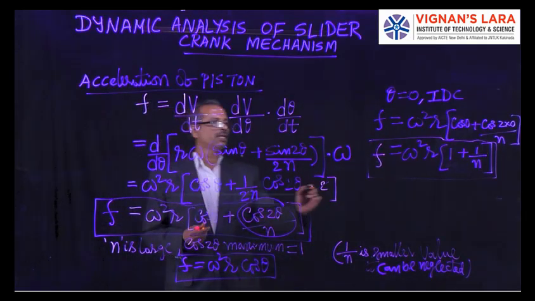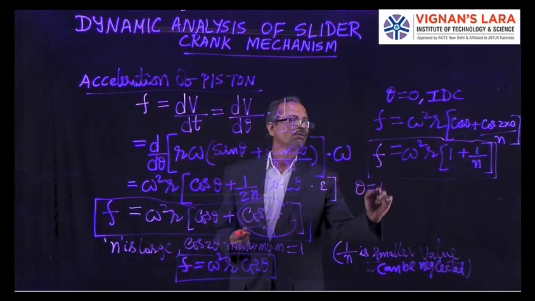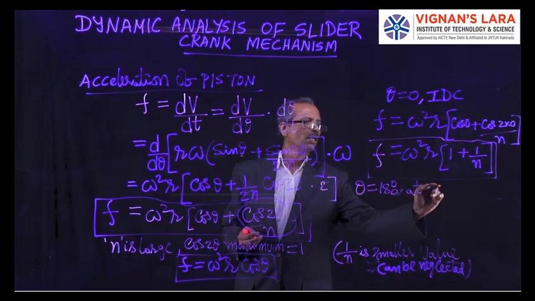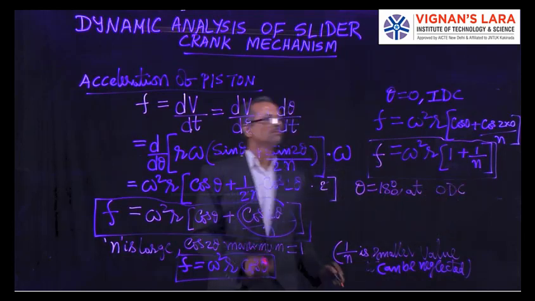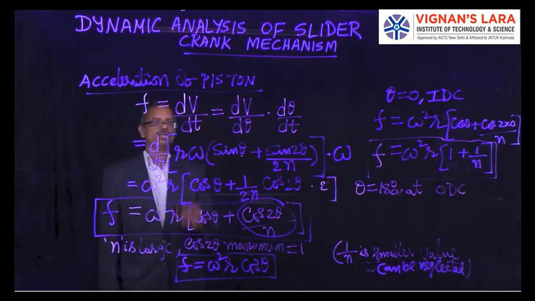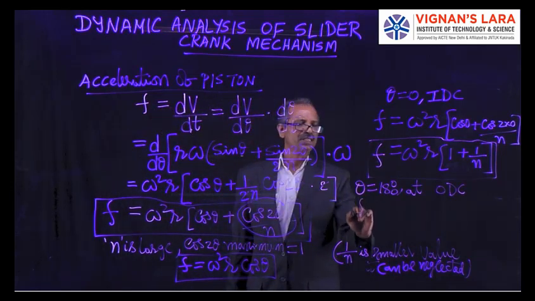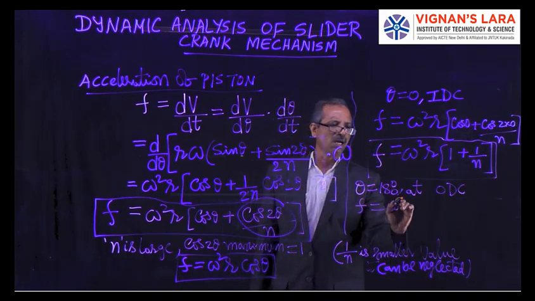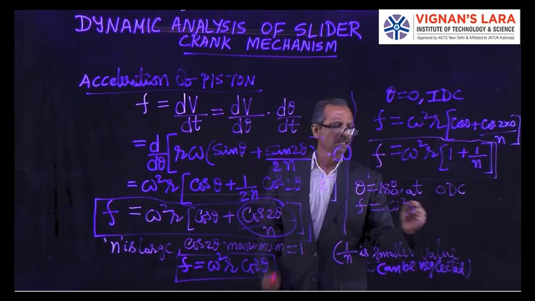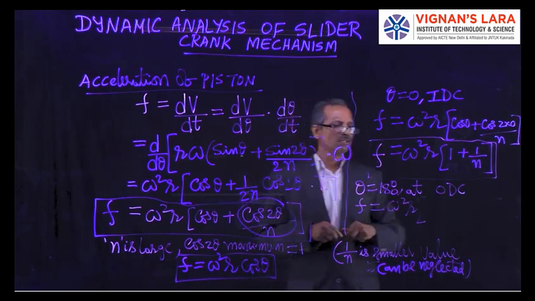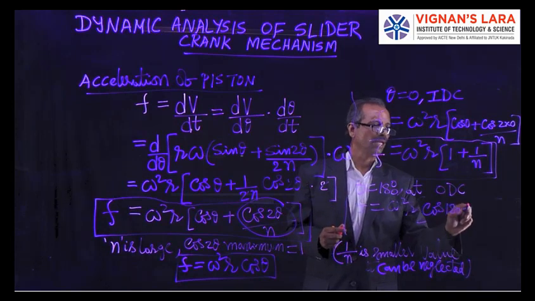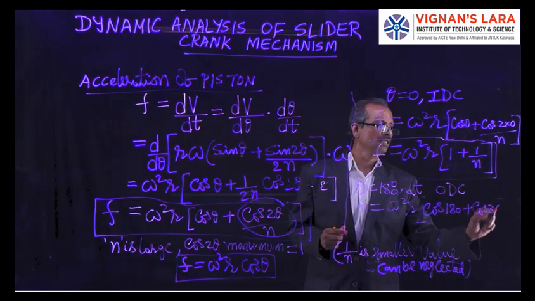Similarly, we can write for theta is equal to 180 degrees, that is at the outer dead center. You can write the same, F is equal to omega square r, then cos 180 plus cos 360 by n.